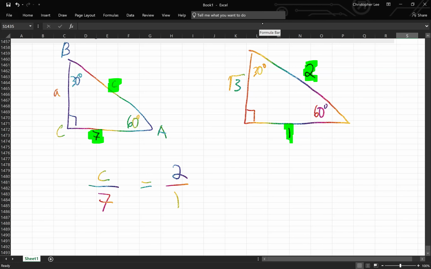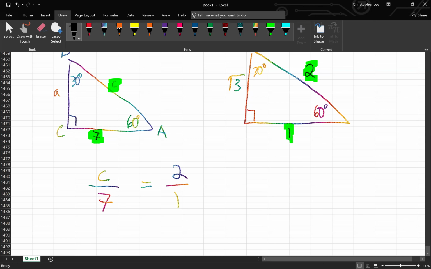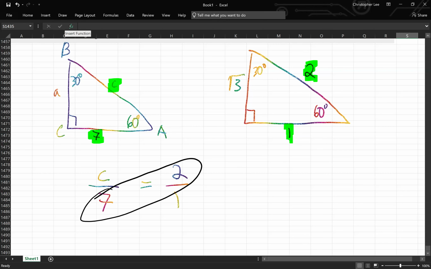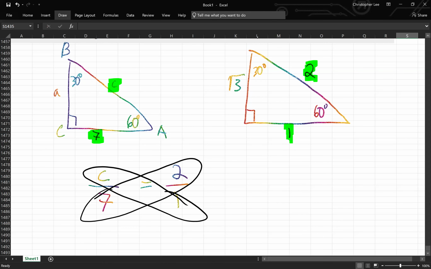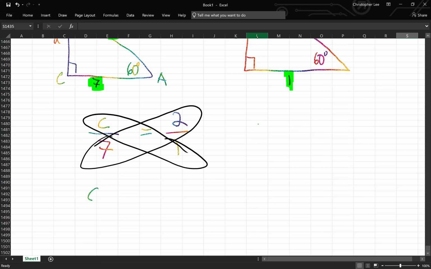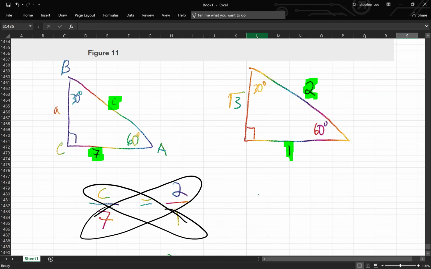I made a ratio. You see that, right? And then what do we do after that? Just cross multiply. This times this equals this times this. Let's do the math on that real quick. So I have C times 1 is equal to 7 times 2. Let's call that C is equal to 14. That's simple, right? That's what I'm looking for. That's the answer. C is equal to 14.